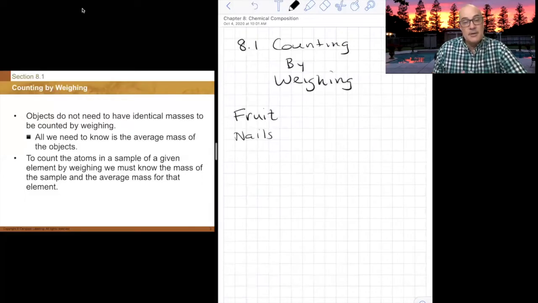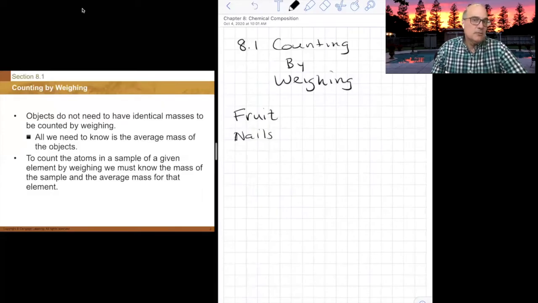If you have to buy a bunch of nails to make a fence or whatever, and you're going to buy like a bucket of nails, how many nails is that? What other things do we have to buy in bulk? Fruit, nails, all kinds of produce and so on.